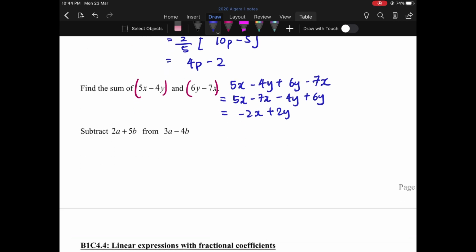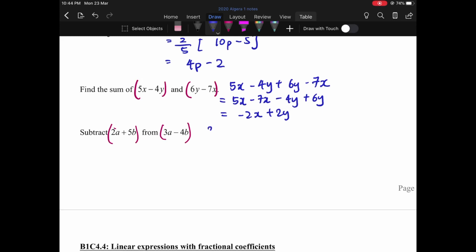Last question. You have to subtract this term from this term. Okay, so you will need to have 3a minus 4b first. Then you need to subtract the entire 2a plus 5b. You have to use brackets because you're going to subtract the entire term. So we have to distribute the minus sign into the second set of brackets.